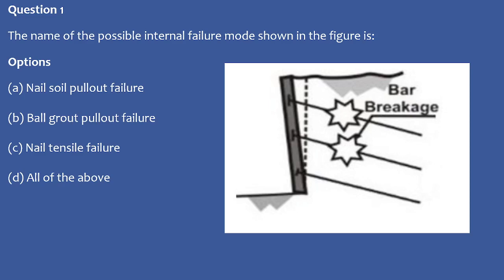while going through the lectures, you would have come across the various principles associated with the failure of nailing. For those failure principles, we design our nails. Among them, this is one of the failure modes. Corresponding to this failure mode, please choose the option: whether it's nail soil pull out failure, ball grout pull out failure, nail tensile failure, or all of the above.